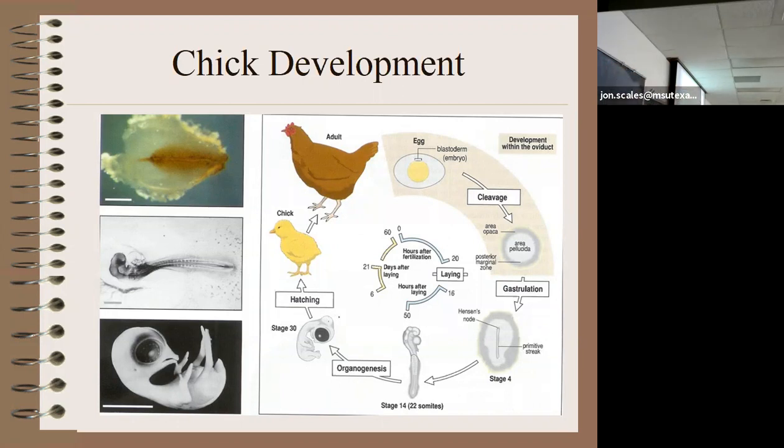So, chick, another vertebrate system used since the beginning of embryology. The identification of the initial germ layers was all done with chick. Okay, so mesoderm and ectoderm and endoderm and all that stuff was done using chick and staining it, because you can chip open the eggshell and cut a little window in the membrane, and you can actually manipulate the embryo in there, do things to it, and then just cover it over with oiled paper.